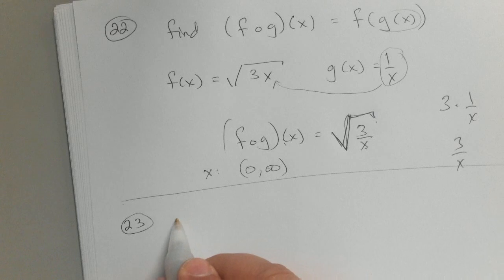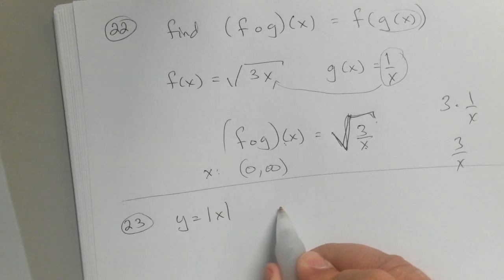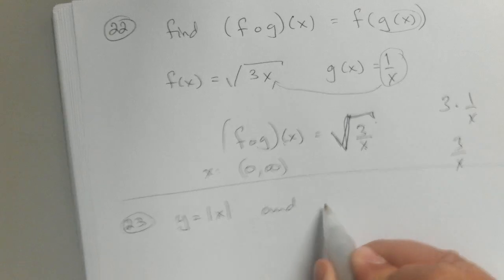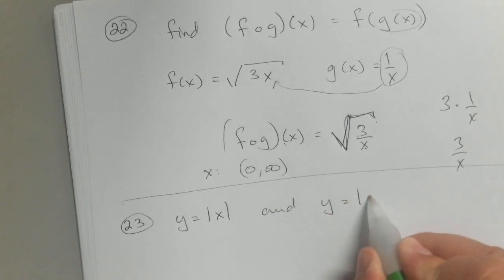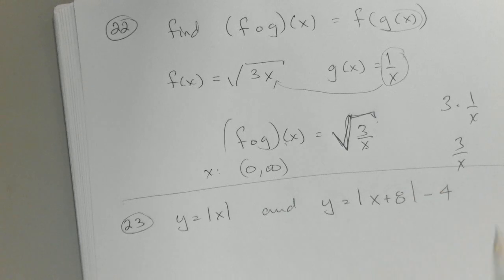Three. Consider the function y equals absolute value of x and y equals absolute value of x plus 8 minus 4. Sketch the graph of the pair of functions in the standard window. Describe the transformation.